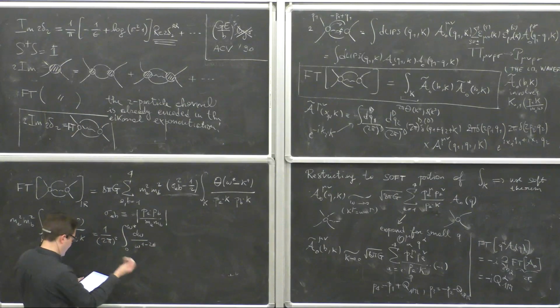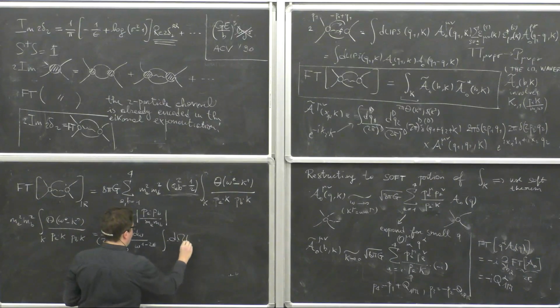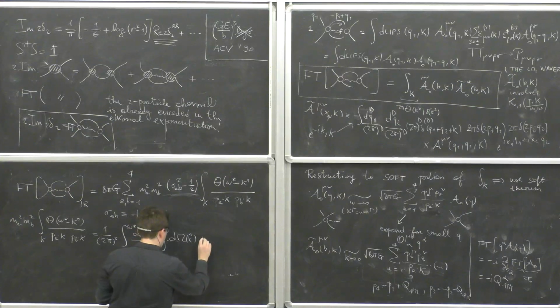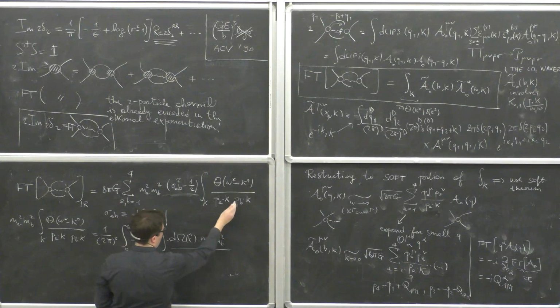So the measure is 4 minus epsilon dimensional. This is what saves the day. And then we have the integral over the angles of these things in which I stripped off the frequency.